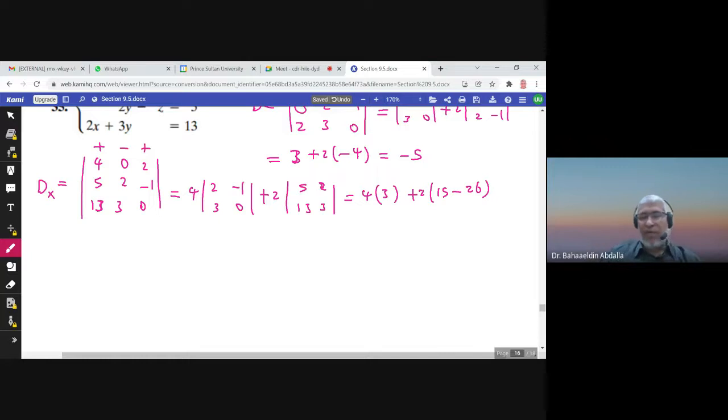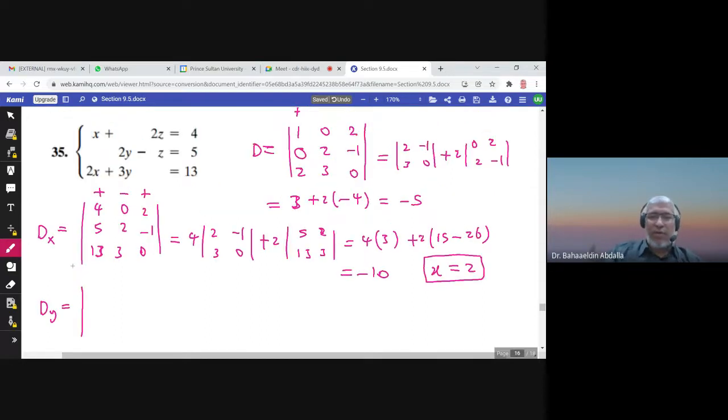And negative 11 times 2 is negative 22. And I have here 12. So 12 minus 22 is negative 10. This means that x is Dx over D, negative 10 over negative 5. That's 2.